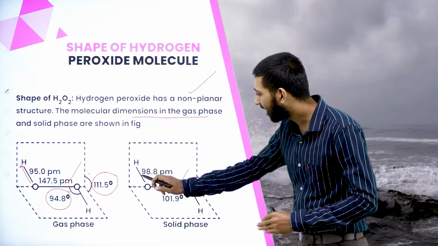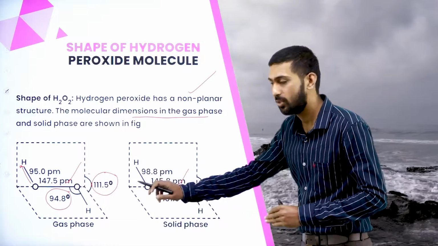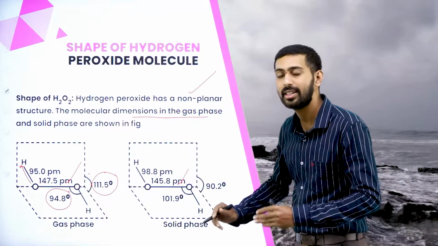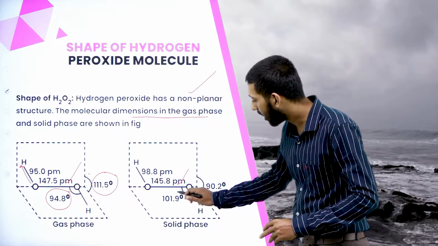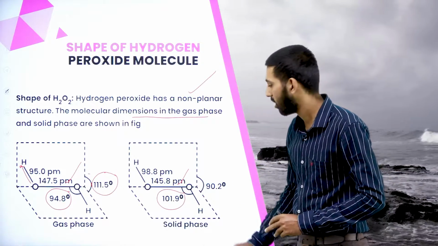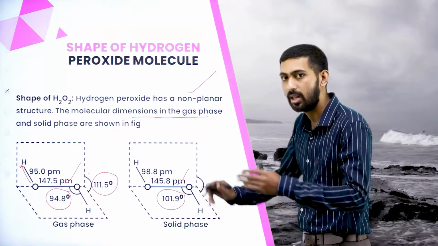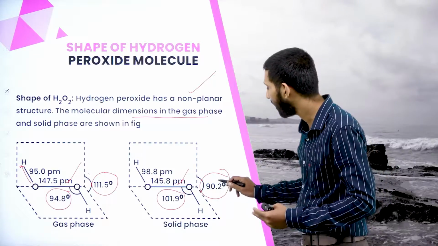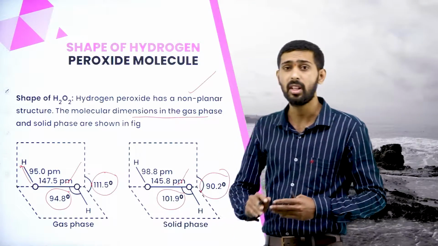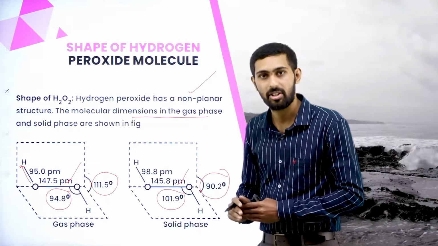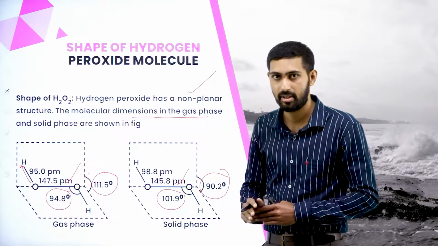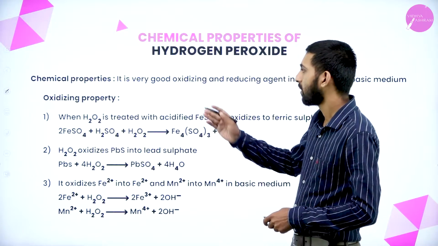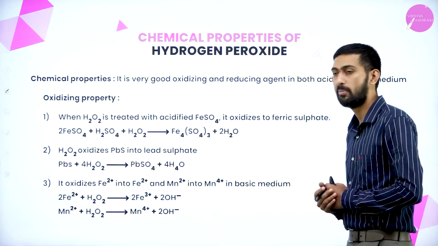The bond angle also changed. In the gas phase it is very small, in the solid phase it is more. Here it is 101.9 degree, and from the outer side the bond angle is 90 degree. But the outer side's bond angle is very small compared to hydrogen peroxide in the gaseous phase, where it is 111.